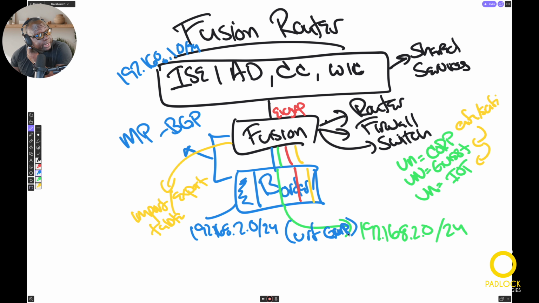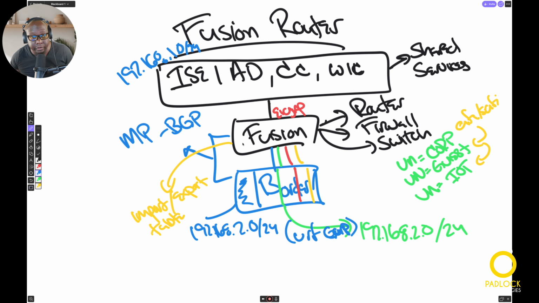That's how you would leak the route from the VRF table into the GRT, and then the GRT knows how to get that. Now, that mutual redistribution would also happen because in each individual VRF, they would see the global route going back up to the Fusion, and the Fusion would know the global routing table is where you need to look. So that is really the purpose of the Fusion router or firewall.